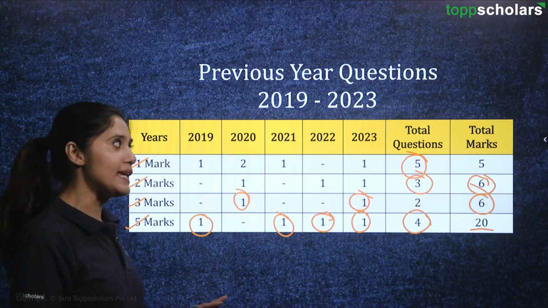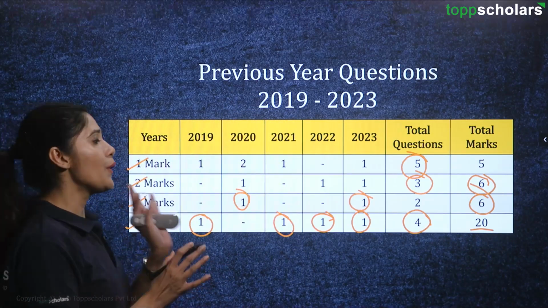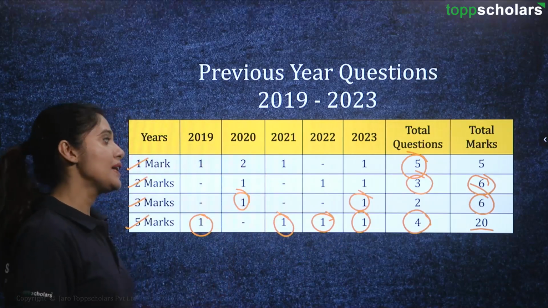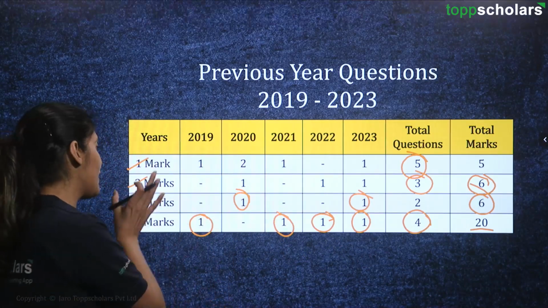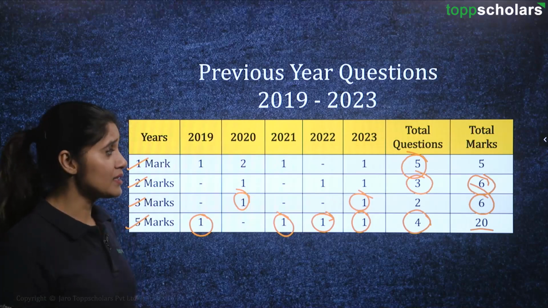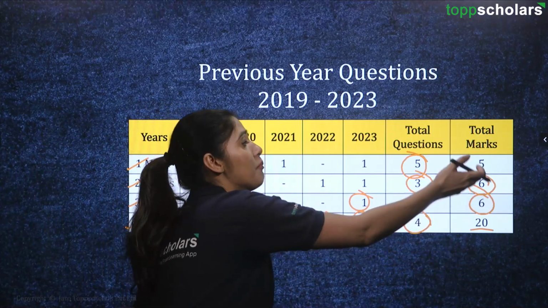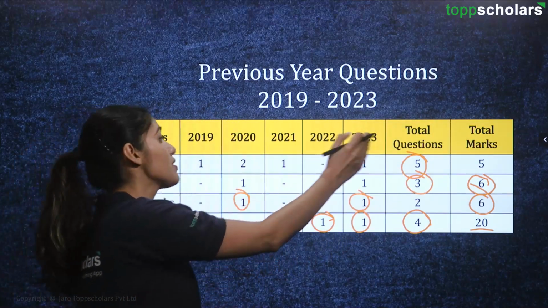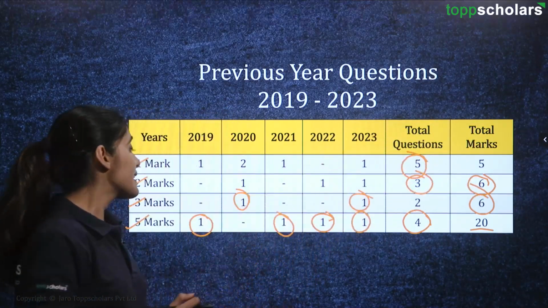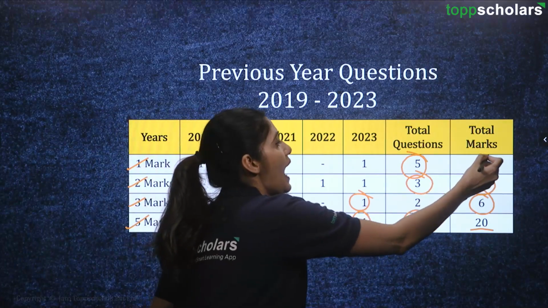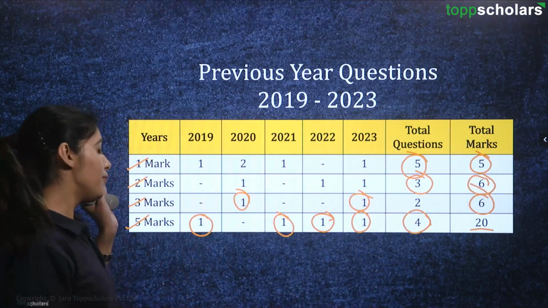So we can see that at least 20 marks can be easily scored if we just study the 5 marks questions. But then we also have 6 marks from 3 marks questions, 6 marks from 2 marks questions and 5 marks from 1 mark questions.